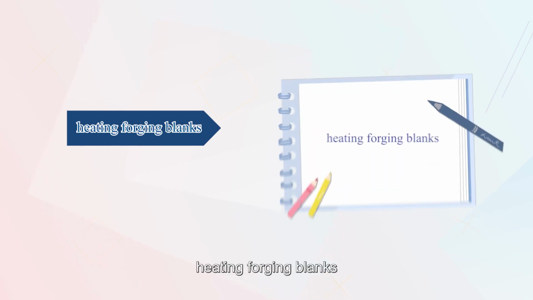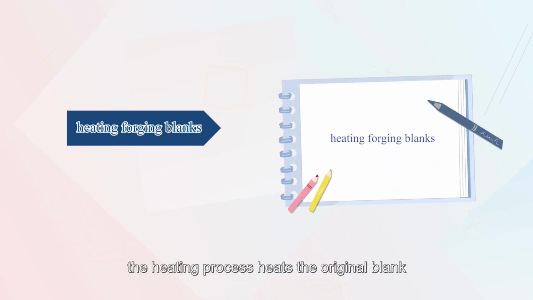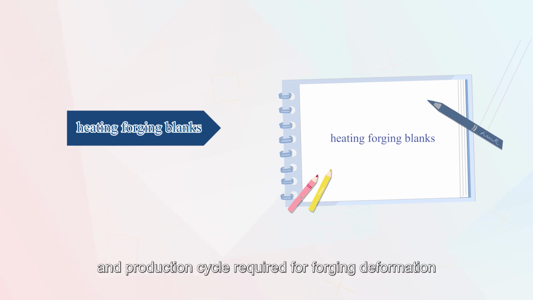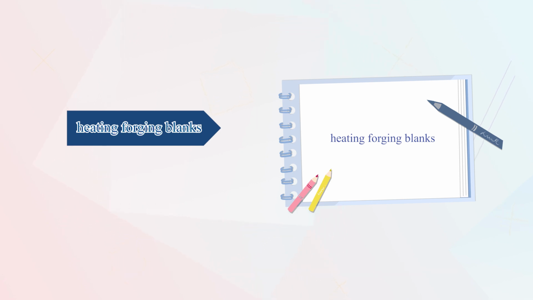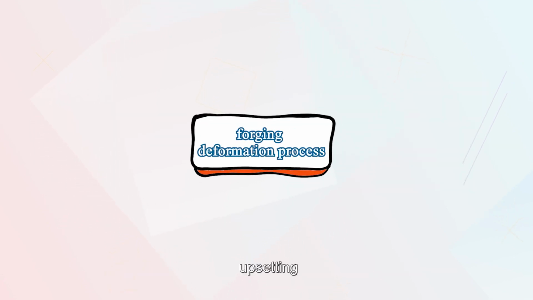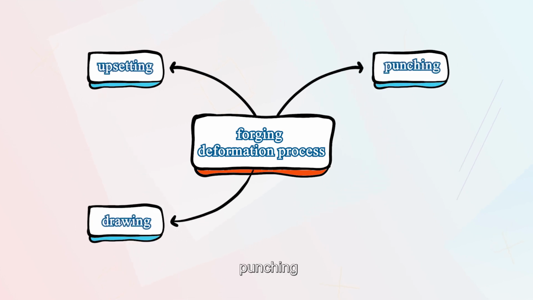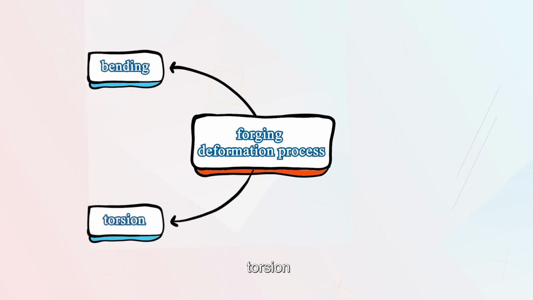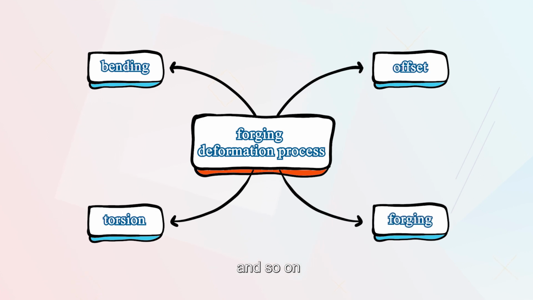Heating forging blanks. The heating process heats the original blank according to the heating temperature and the production cycle required for forging deformation. Forging deformation processes include upsetting, drawing, punching, cutting, bending, torsion, offset, and forging, and so on.